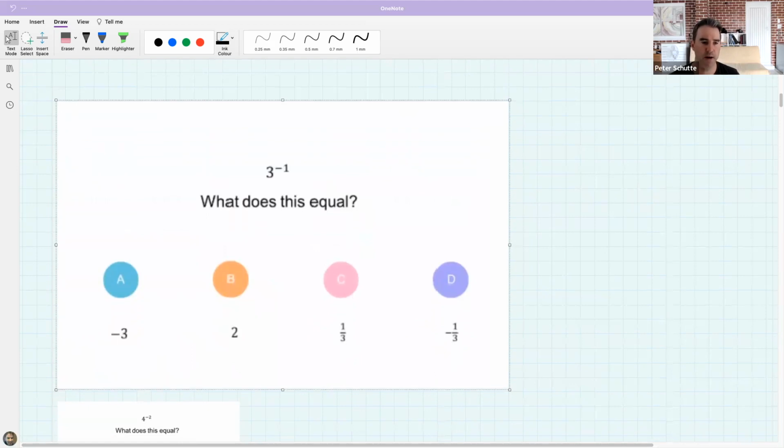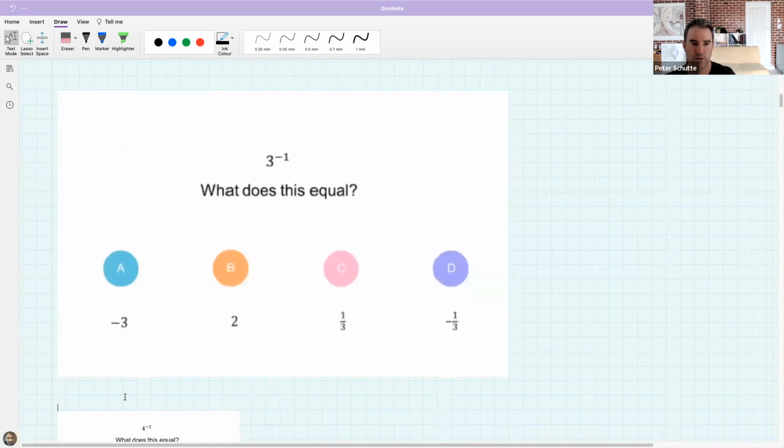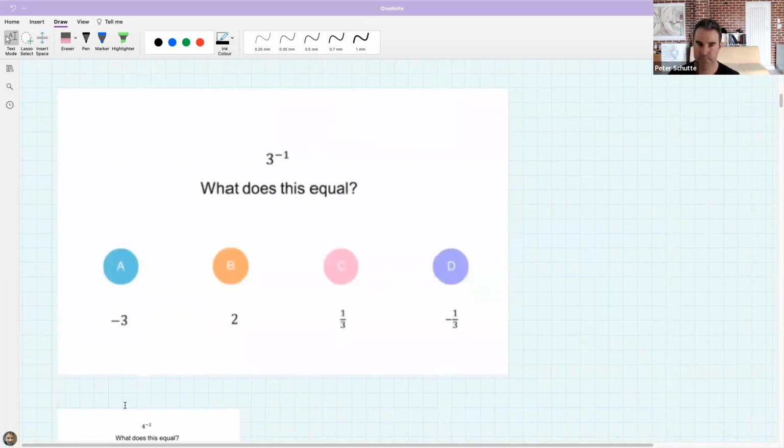What is 3 to the power of minus 1 equal to? And then you have 4 different choices there. Okay.